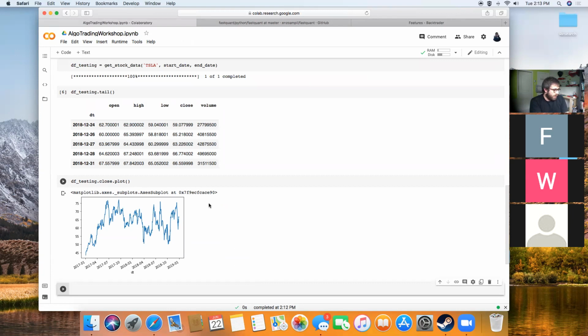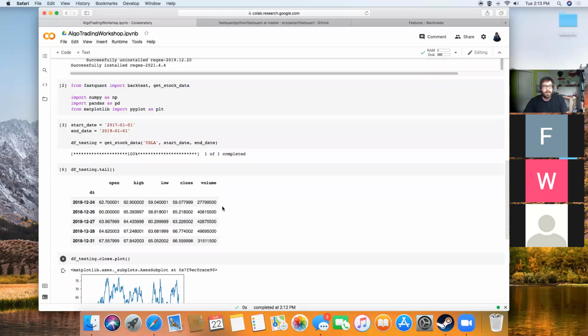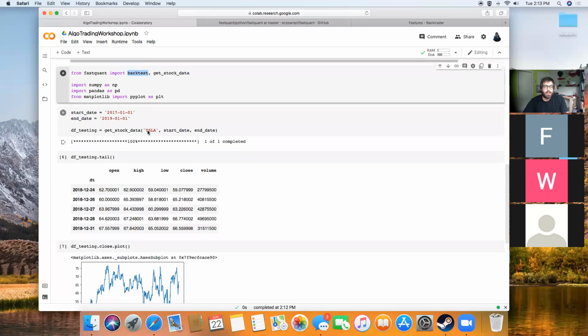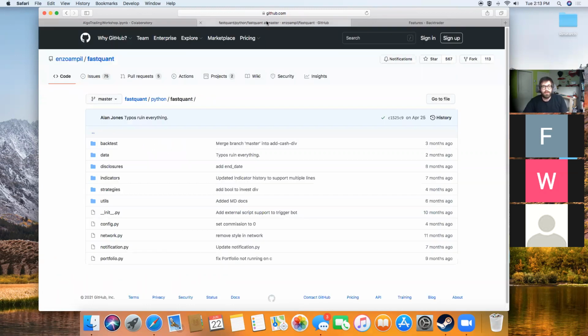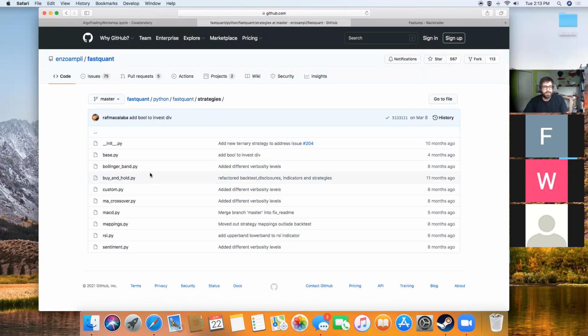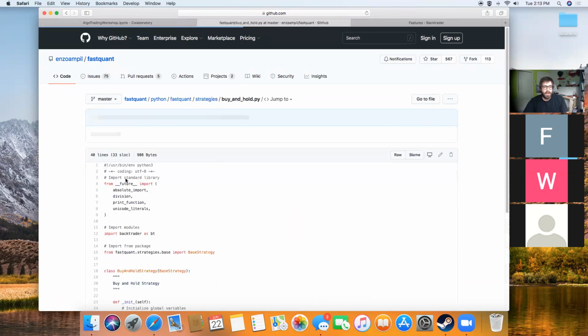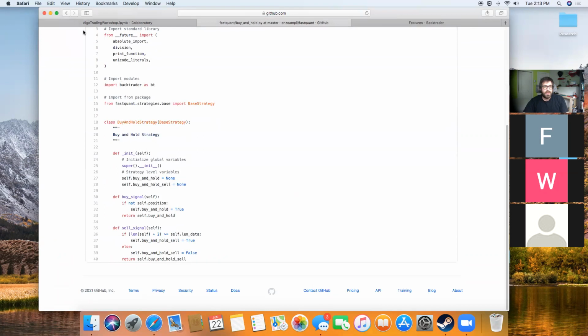So now we imported the backtest function from FastQuant, so we're going to use it. It's really very simple to use. There are a few strategies already implemented in the library. So buy and hold, for example. This is the buy and hold.